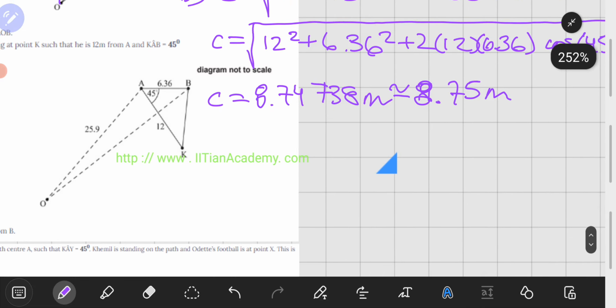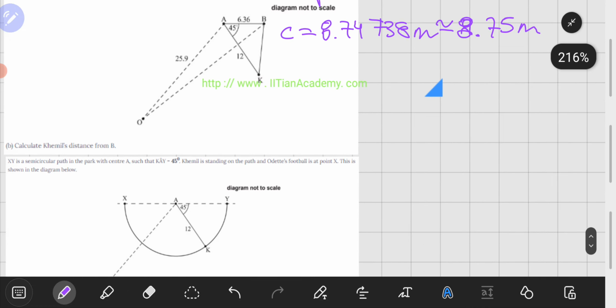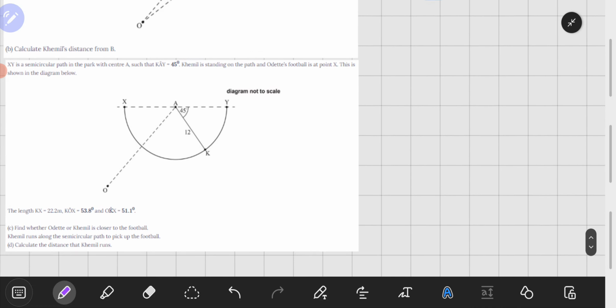Now, for our next question, moving on, we're given a few more facts. XY is a semicircular path with the center A, and KAY is 45 degrees.